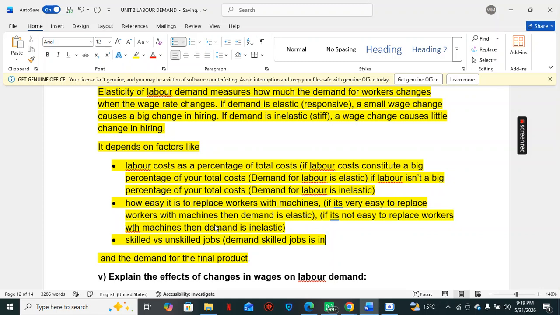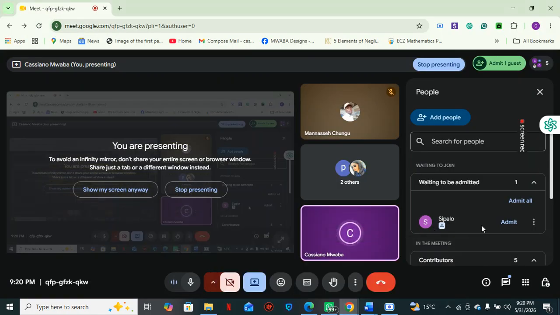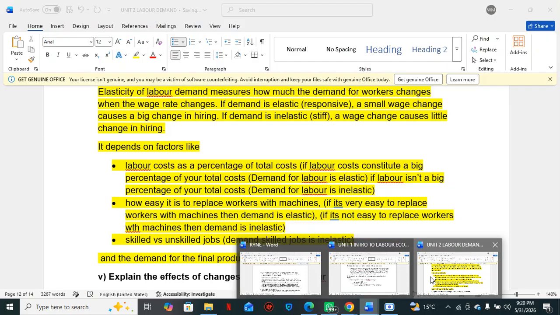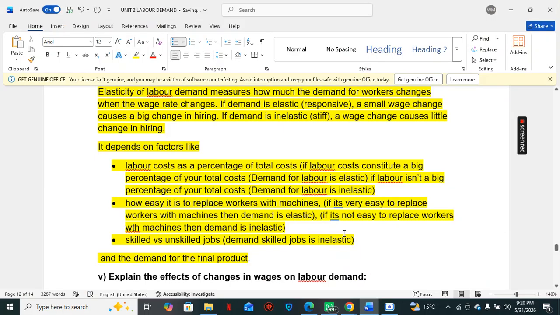For example, think of a neurosurgeon. How many neurosurgeons do we have here in Zambia? There are very few. So if the wage rates of neurosurgeons increase, the hospitals are not just going to easily get rid of the neurosurgeons, because they need them. They still need them.